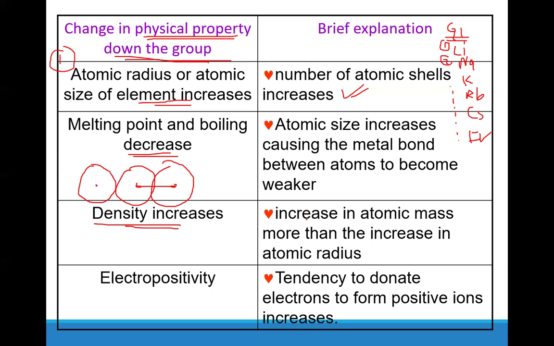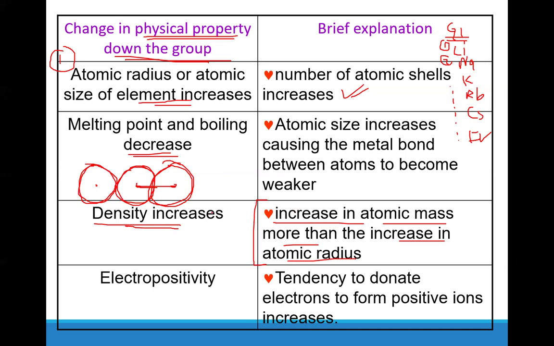increases, because the increase in the atomic mass is more than the increase in the atomic radius, right? This is a tricky concept to understand. One would say if the atomic radius is increasing, why is the density increasing? If the atomic radius is increasing, then the atoms should be farther apart and the density should decrease, right?